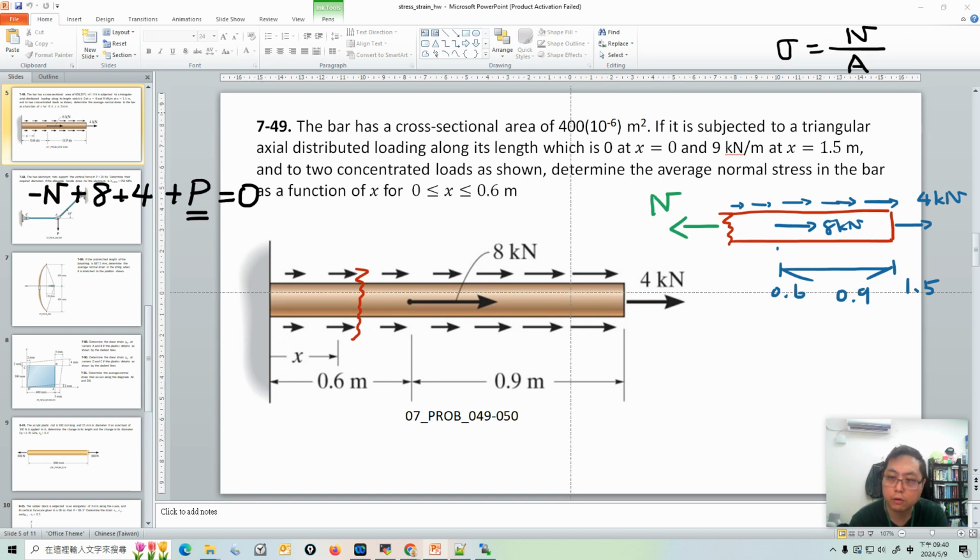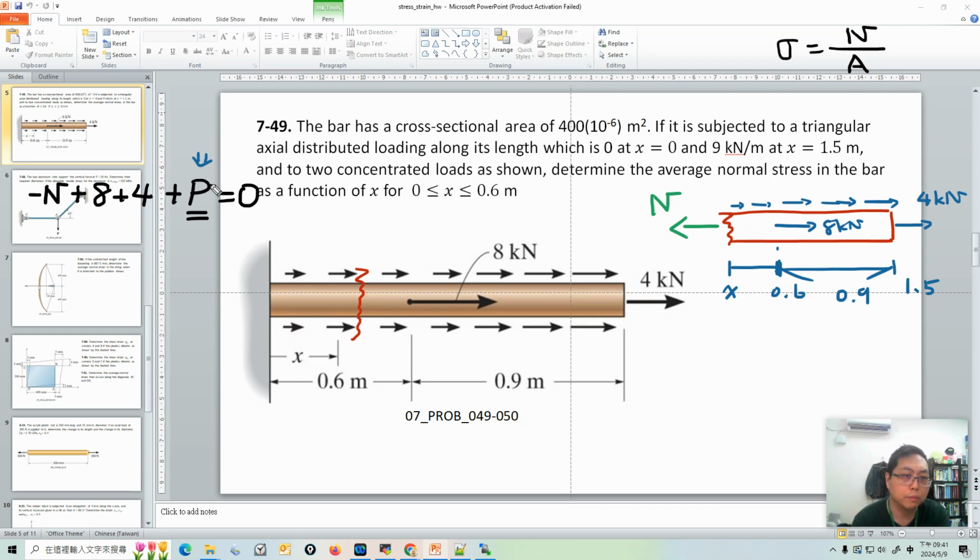Let's continue and finish this free body diagram. We assume we are at this 0.6, and the position here is x. So how do we find the force from the distributed load?